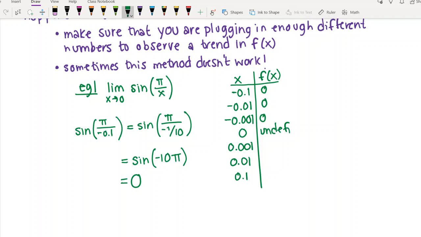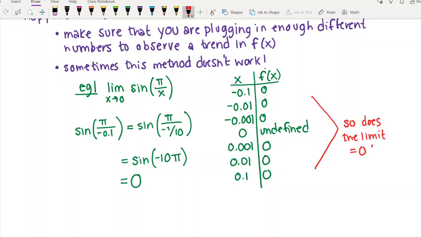And then same thing with the positive ones. When you plug in all these positive numbers, you would get 0, 0, 0. So you might look at this and say, oh, okay, the limit must be 0. So I'm going to write that down, and this is going to be kind of a wrong conclusion. So does the limit equal 0?